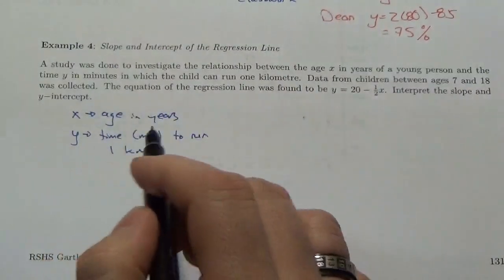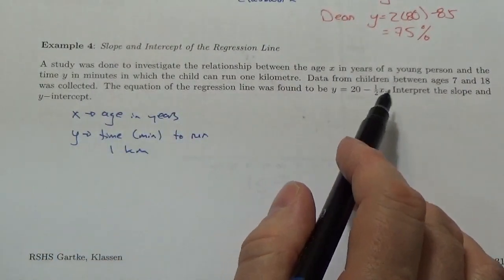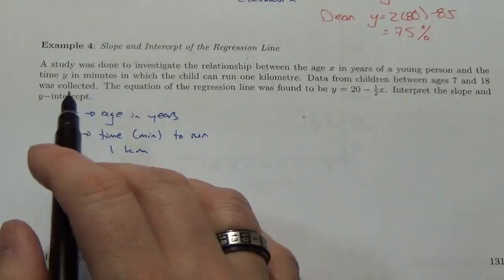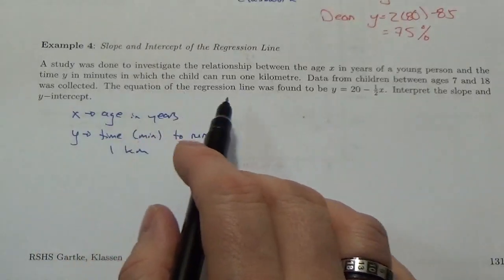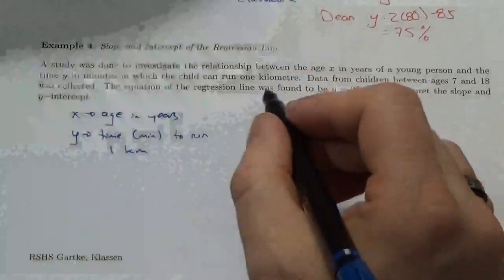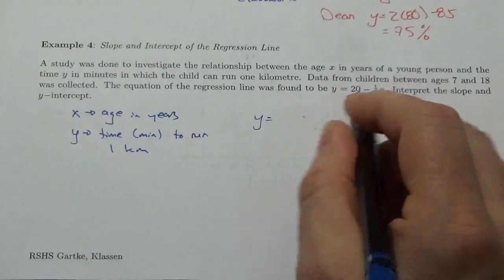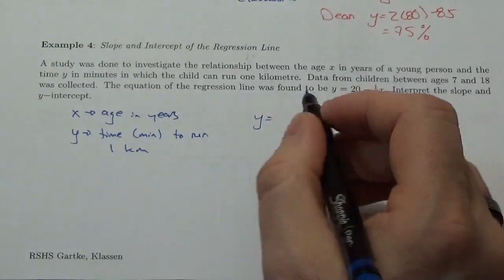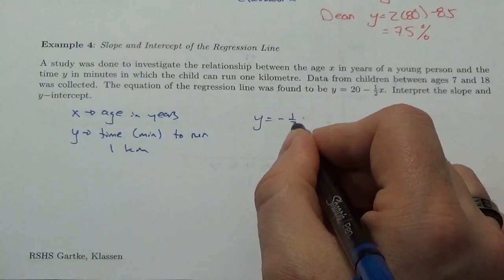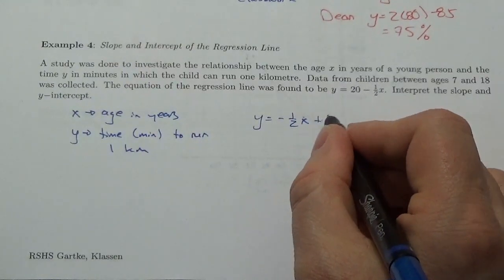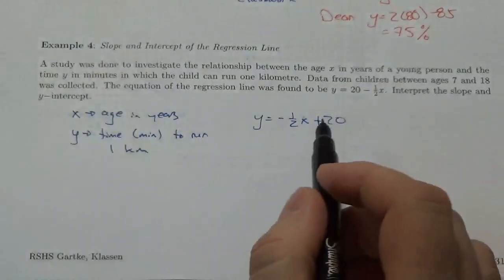Okay, so now I know what my variables are. Data from children between ages 7 and 18 was collected, and the equation for the regression line was found to be, okay, so here's our regression. You know what, I don't particularly like the way that's written. I'm just going to write it in the form that I'm more comfortable with.